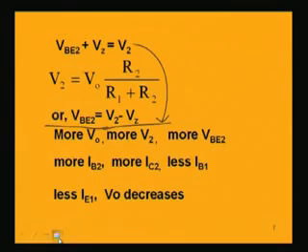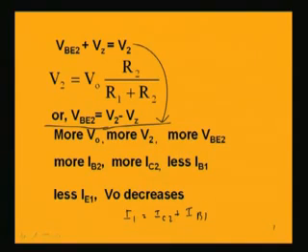Just now we have seen that increased V0 means more IC2, more collector current in the second transistor.